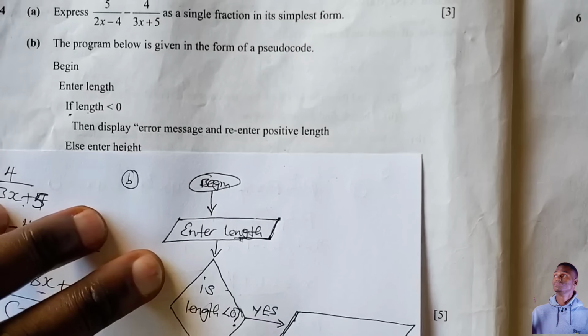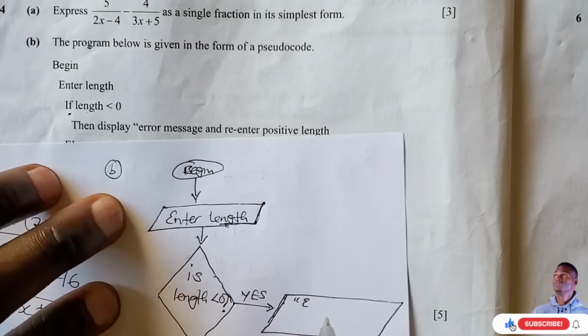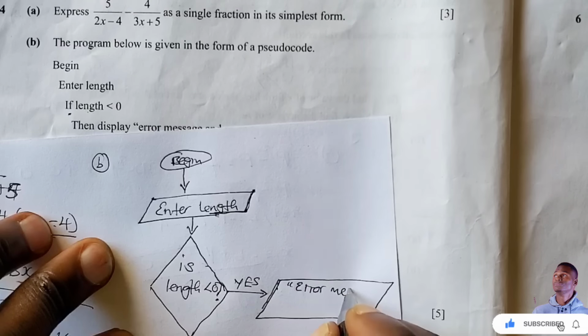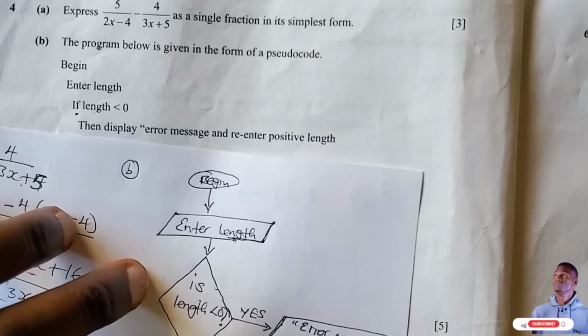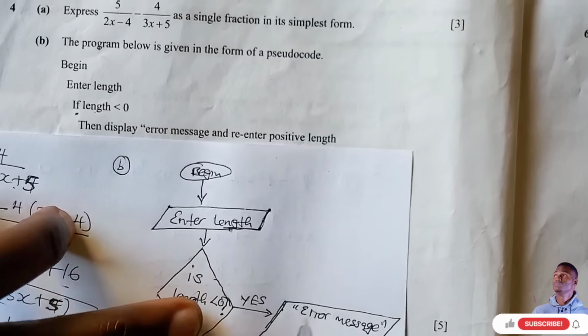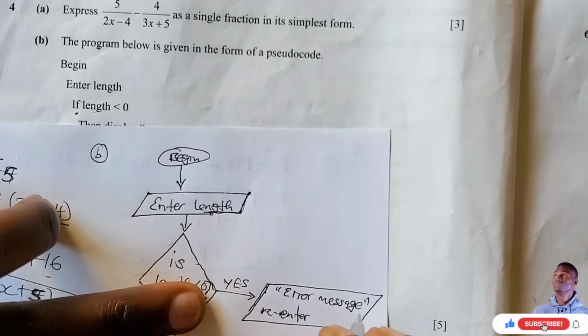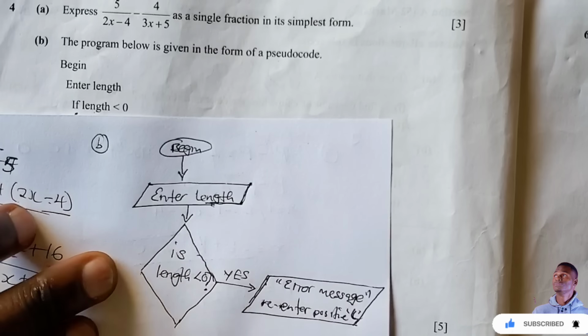So we're going to say error message here, and error message re-enter positive length. Okay, length.